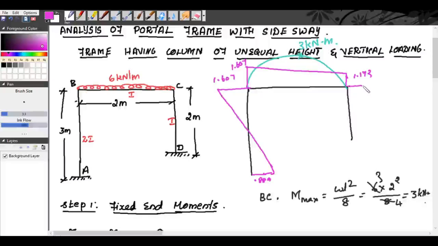Here it is pointing towards the right, 1.173. Pointing towards the left, 0.491. So this is our net bending moment diagram.